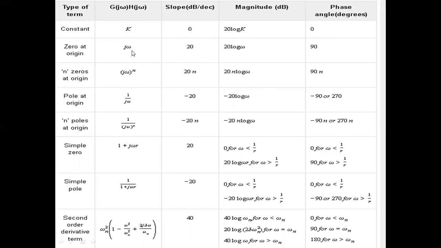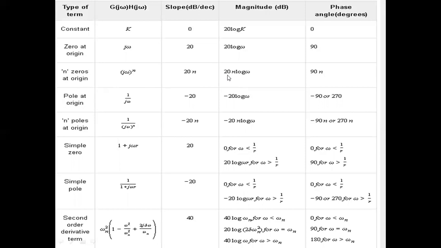Suppose there is a factor of j omega, that is a differentiator. It will contribute a positive phase angle, a positive slope of 20 decibel per decade, and its magnitude will be 20 log of omega. Then suppose (j omega) to the power n is a factor in G(s)H(s). Then the j omega term will contribute a slope of 20 decibel per decade, multiplied with n, and you will get the total slope.